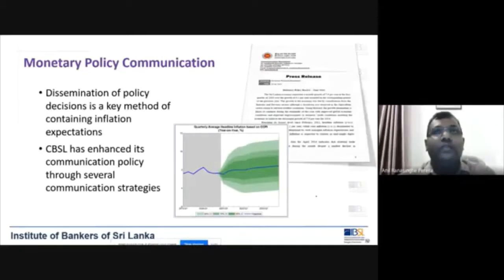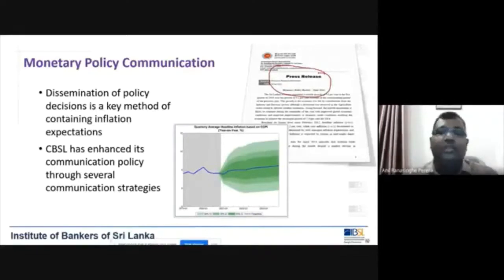Why? Whenever the central bank takes a decision, it has to be communicated to the market. Otherwise, the market wouldn't know. So the central bank does it by issuing a press release.